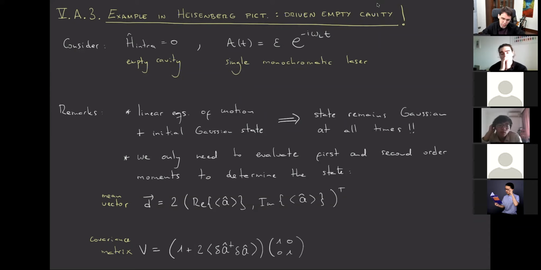And you have it in the notes as well. We have a contribution to the covariance matrix that comes from the photon number fluctuation. I remind you, just in case you don't remember, that for any operator, delta A is just A minus the expectation value of A. Then we have another contribution, a bit more complicated, that comes from the phase-sensitive term, the expectation value of delta A squared, the phase-sensitive second-order moment, that looks like this.